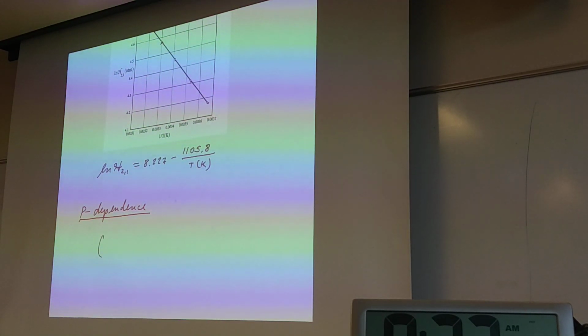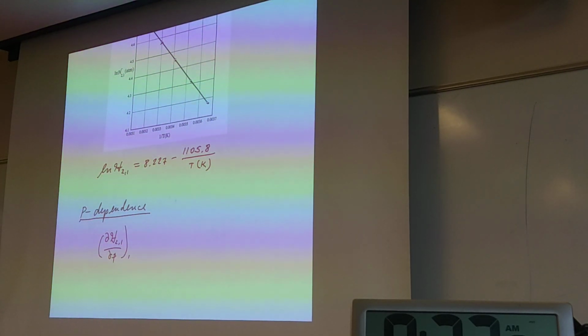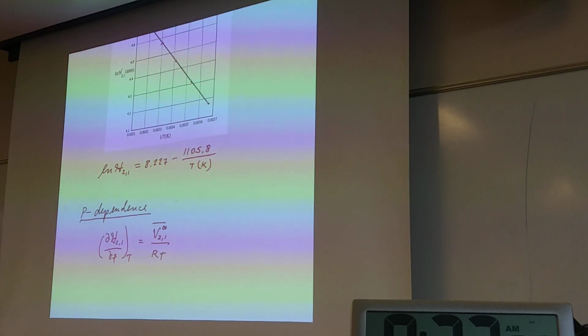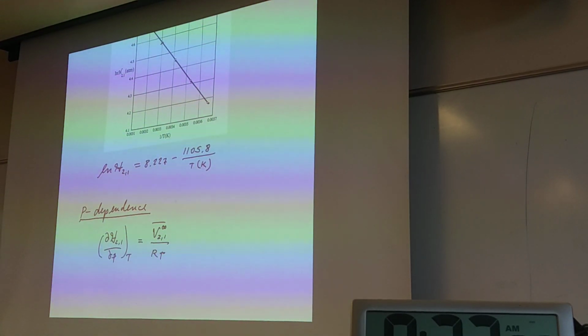I'm just going to state it, that the partial of Henry's constant at constant temperature is equal to, let me write it and then I'll talk about it. Where that numerator is the partial molar volume of the solute 2 dissolved at infinite dilution in the solvent 1.